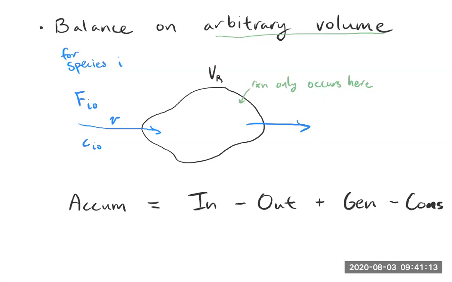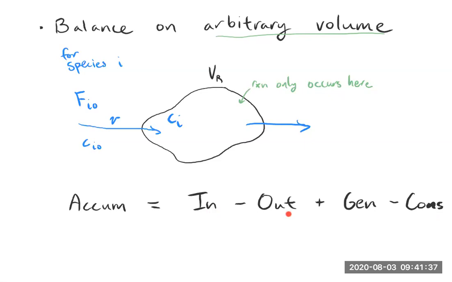So we may well have a different concentration here of species I. And what we're also going to have, which is new in this course, is something to deal with these generation and consumption terms. But I'll come back to that in a second, just going in order here.